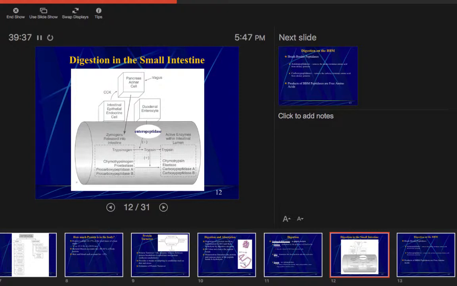There are also some endocrine cells that are responding to the presence of molecules in here. For example, some of those endocrine cells in the small intestine release CCK. And CCK affects the pancreas. Remember we said CCK is the major effector of pancreatic exocrine function. So once CCK hits the blood, the pancreas releases enzymes for protein digestion.